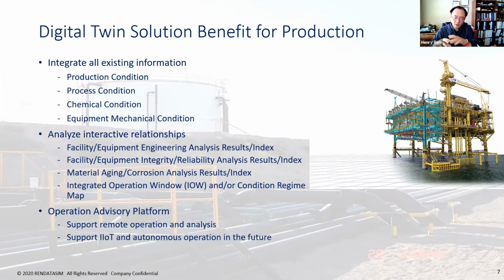And also quantify the operation boundaries for safe operation. Without those kinds of systems, it is really difficult to do the operating management. That's my point of view. So this is what I said, that we need to build the operation advisory platform, okay?